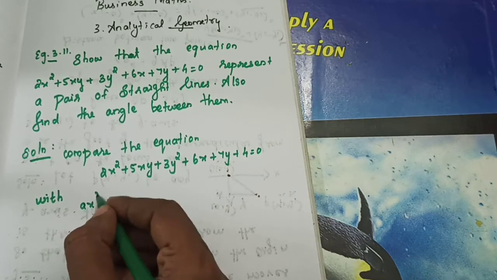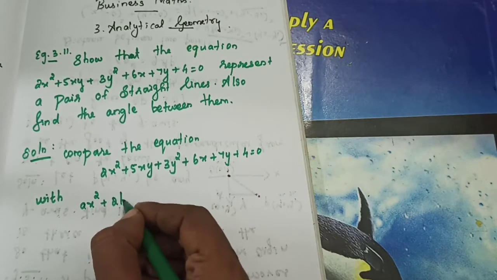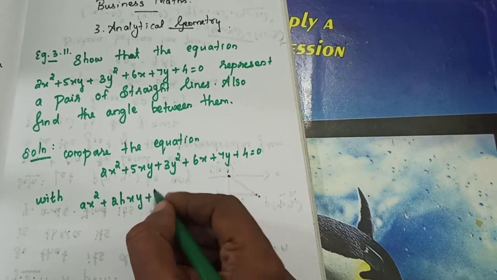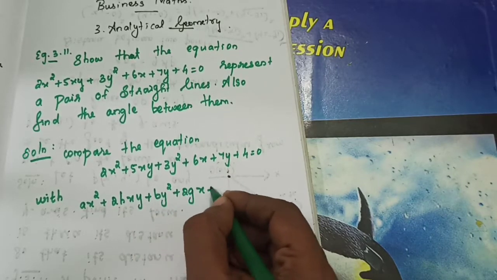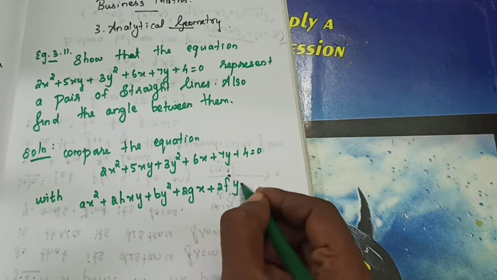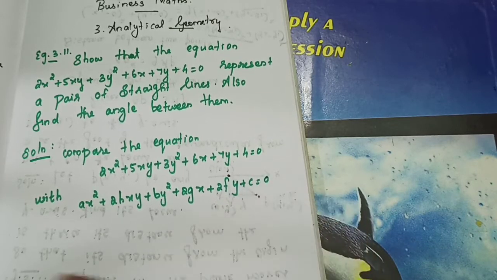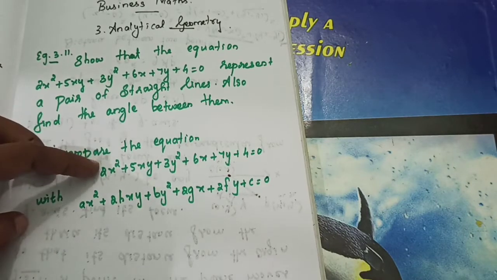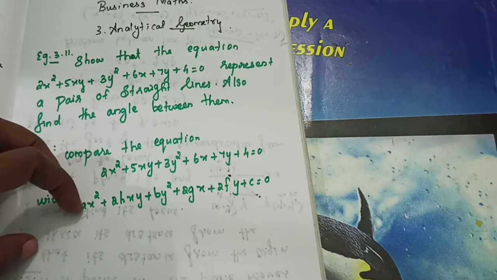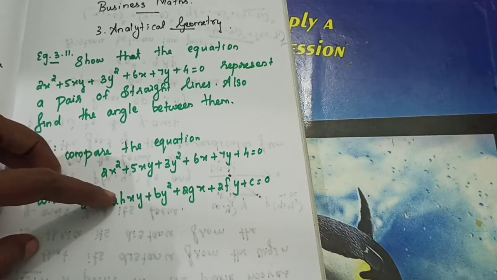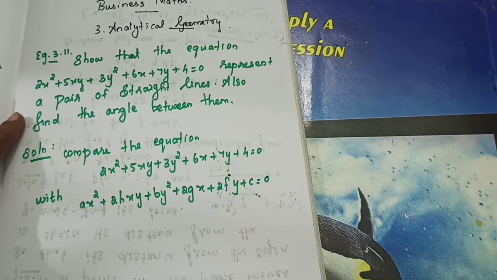Last class I gave that, ax square plus 2hxy plus by square plus 2gx plus 2fy plus c is equal to 0.